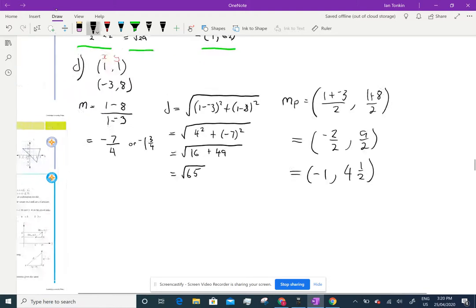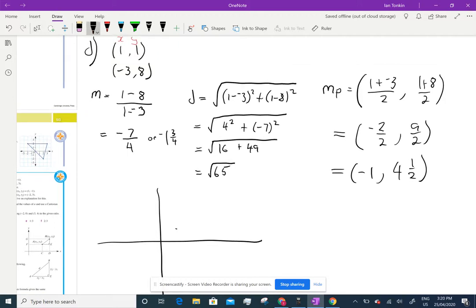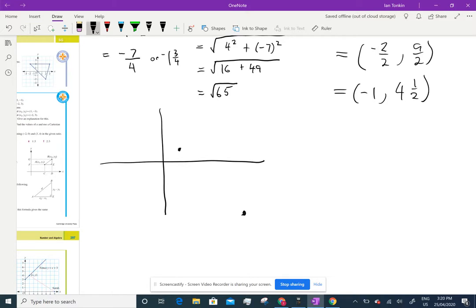Now, if you really wanted to be particularly good about this, you'd graph these 2 points and make sure they're all right. So we have 1, 1. Well, 1, 1's about there, and negative 3 and 8 somewhere up there. 1, 2, 3, and 1, 2, 3, 4, 5, 6, 7, 8.